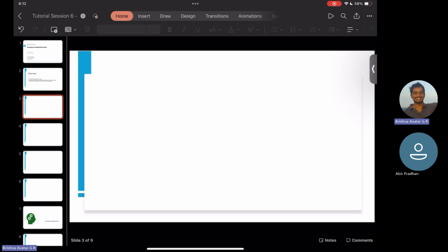Okay, so let's start with reviewing some of the aspects of week 5 today. As we recall, what do we mean by velocity analysis?